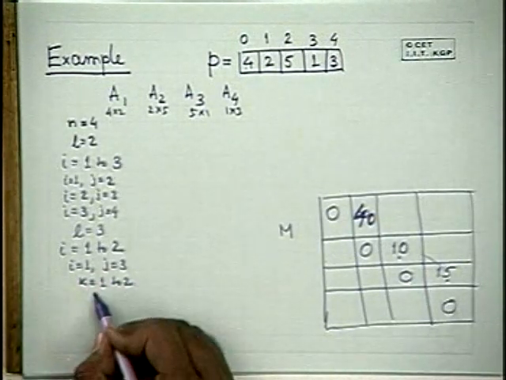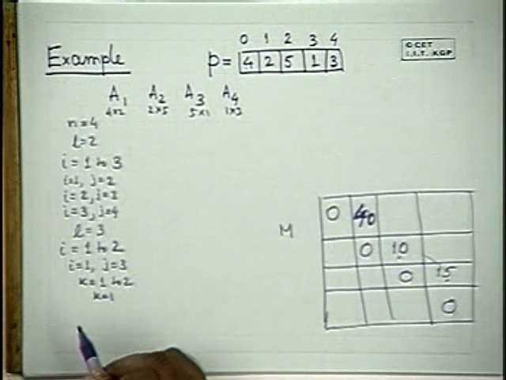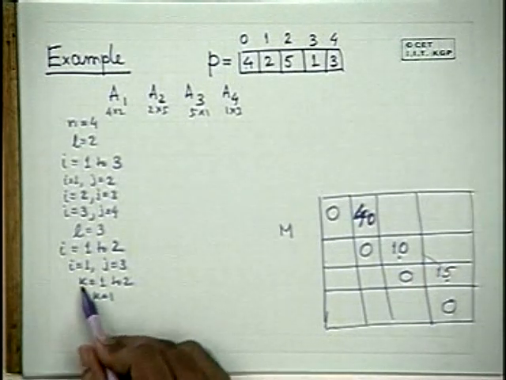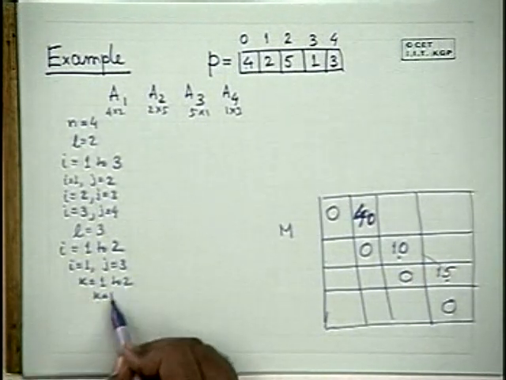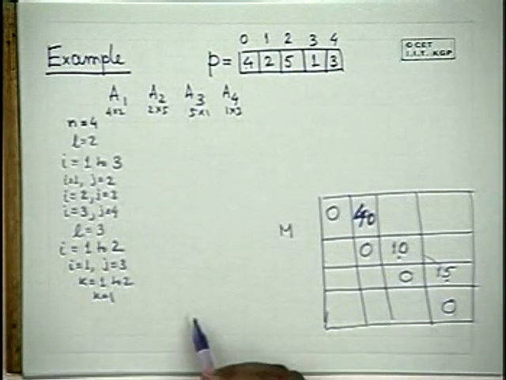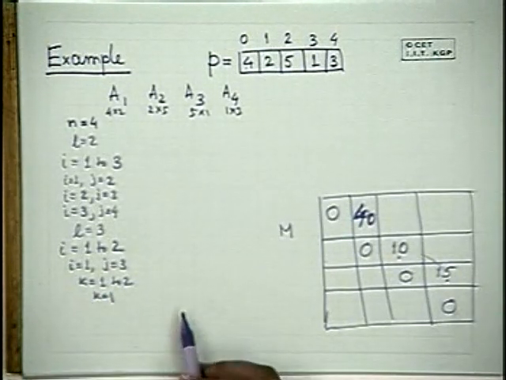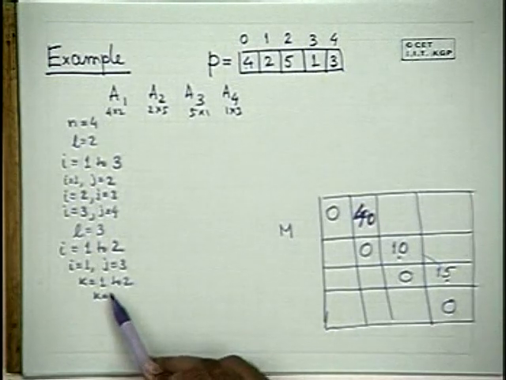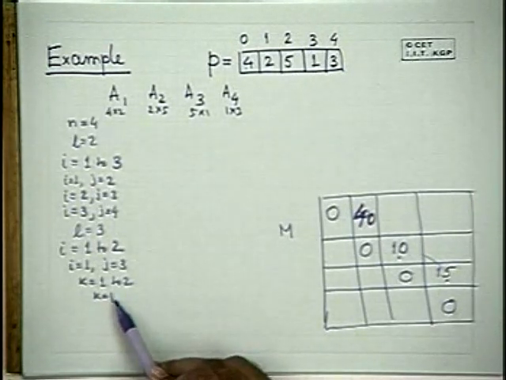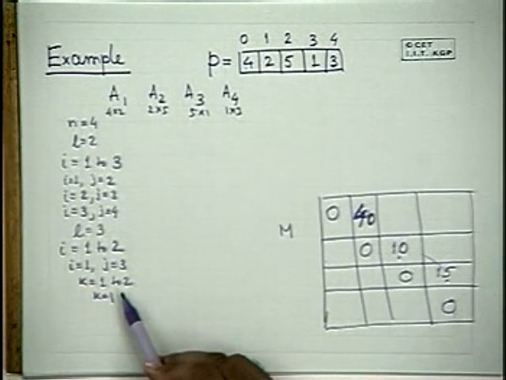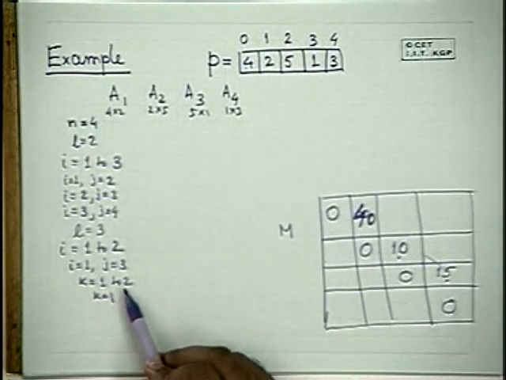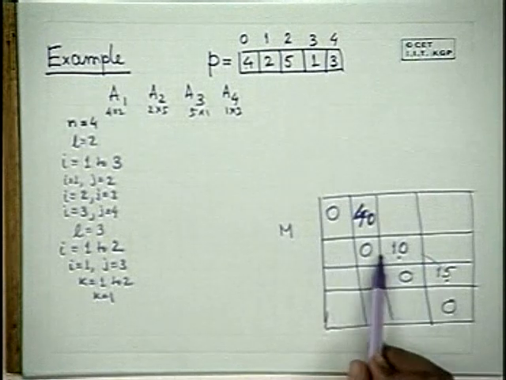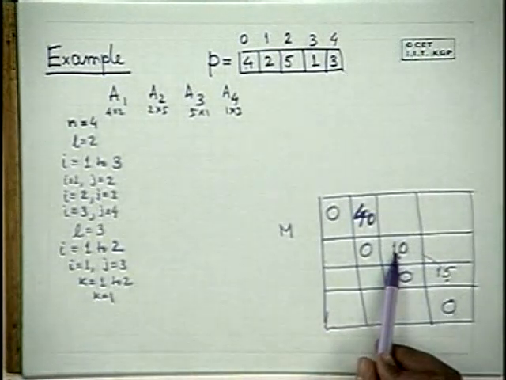When k is equal to 1, so now let us see, I know I, I know j, I know k. When k is equal to 1, look at this, mult is equal to Mik. What is Mik? M11, which is 0, plus Mk plus 1. So M23, but M23 already you have calculated, which is 10.